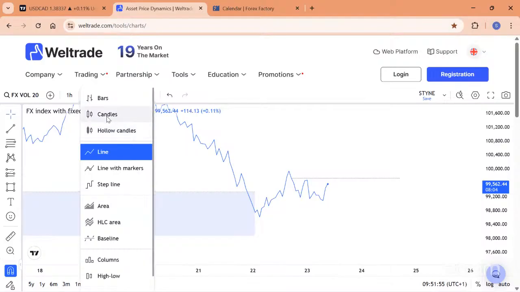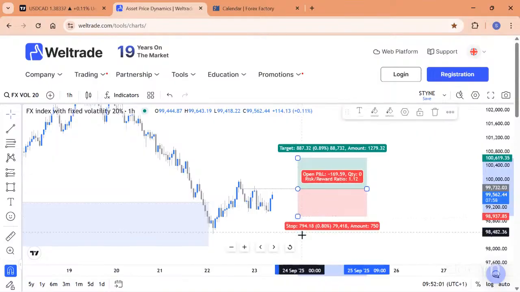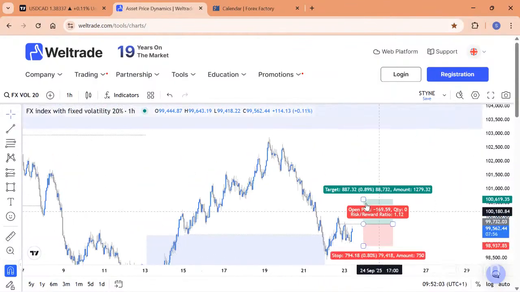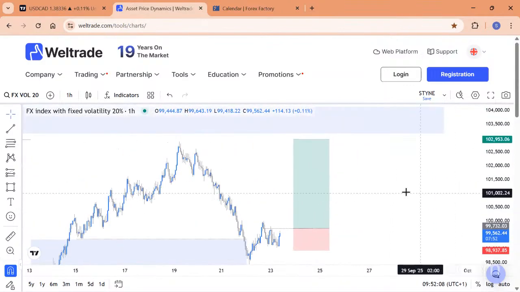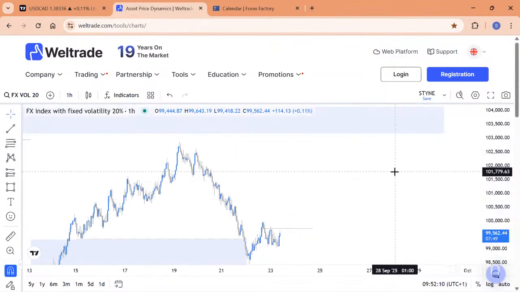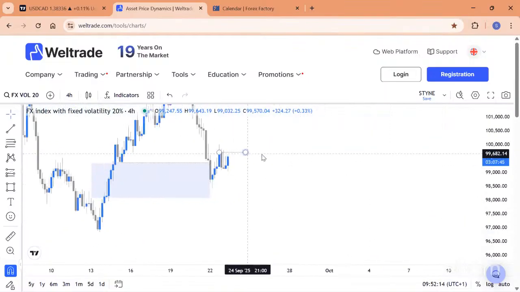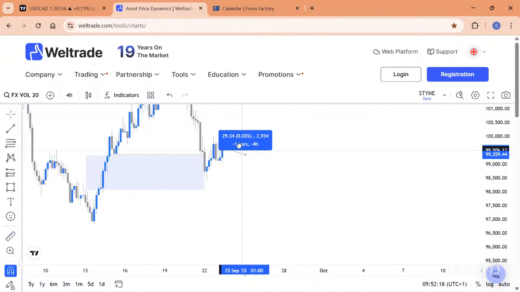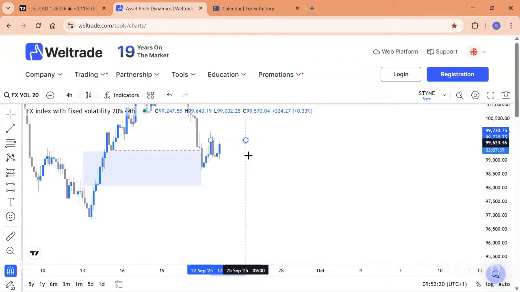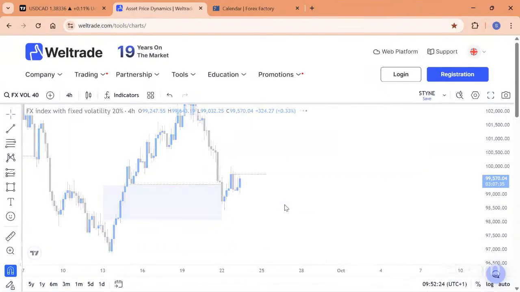When we break officially on the 1 hour time frame, we can now trade buys all the way to this high. So for now, just wait for 4 hours. Let 4 hours officially change character here. When 4 hours confirms the change of character, then we can trade to the upside.